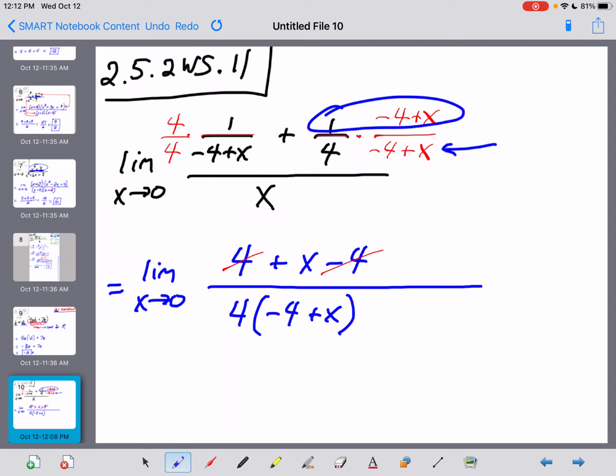I moved that from the bottom of the top, the denominator of the numerator, into the top of the bottom, which is the numerator of the denominator. The only thing I haven't covered so far is this x right here, which was the denominator of the denominator. That is going to go on the same line as everything else in the denominator, and I'll put that x right there.